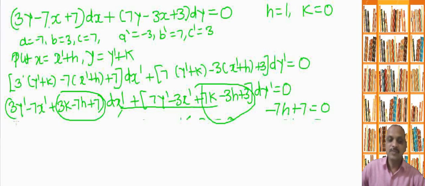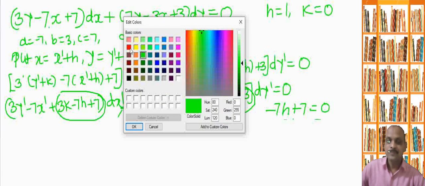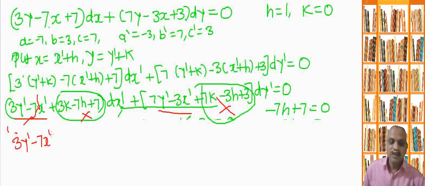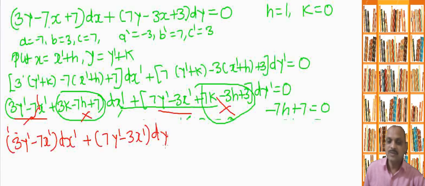So let us write this part. What is this part? (3y' − 7x') dx' + (7y' − 3x') dy' = 0.